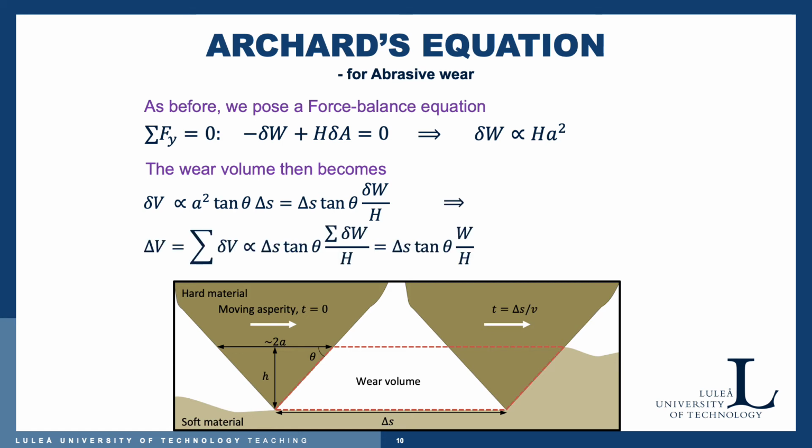And this means that for the total delta V, if there are many of these asperities on the surfaces, we sum them all up and we get the same type of proportionality as before. So we have capital delta V per sliding length delta S as tangent theta times the applied load over the hardness H.